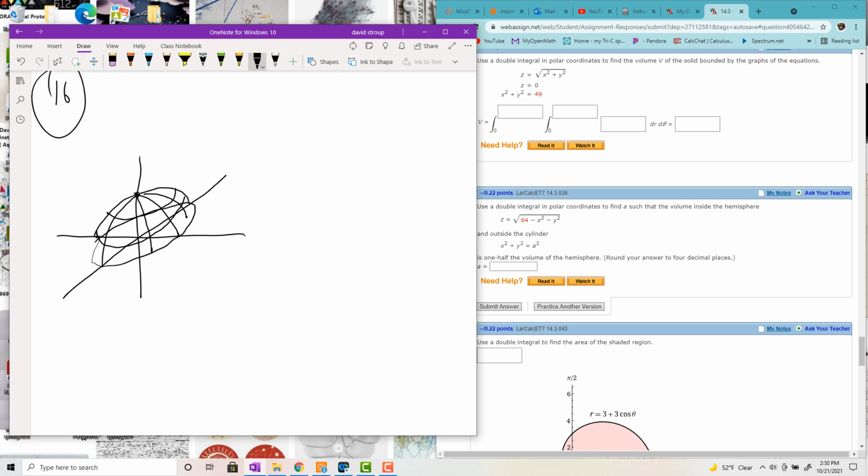Okay. Then there's a cylinder kind of going through it, so maybe right here the cylinder is passing through it and going straight down, and then it will have like an opening down here. So there's my cylinder going through the thing.